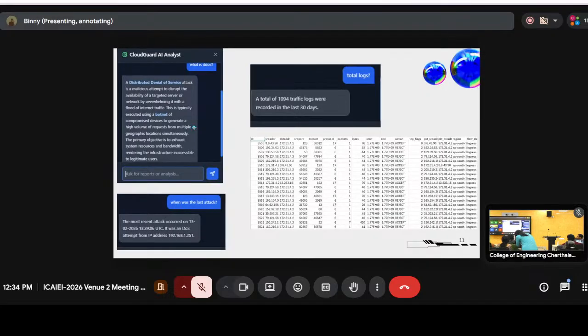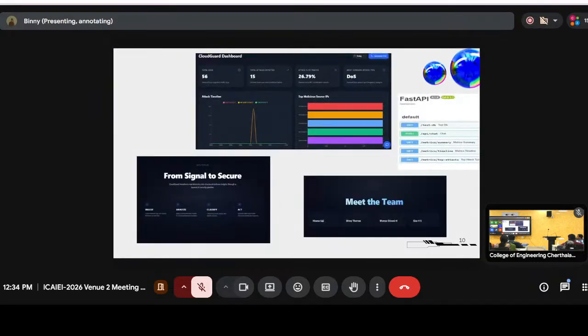Our chatbot is built for technical and non-technical users. If a non-technical user asks what a DDoS attack is, our chatbot gives an answer accordingly. And finally, our CSV export button gives the database in CSV format, which is very useful for business intelligence.